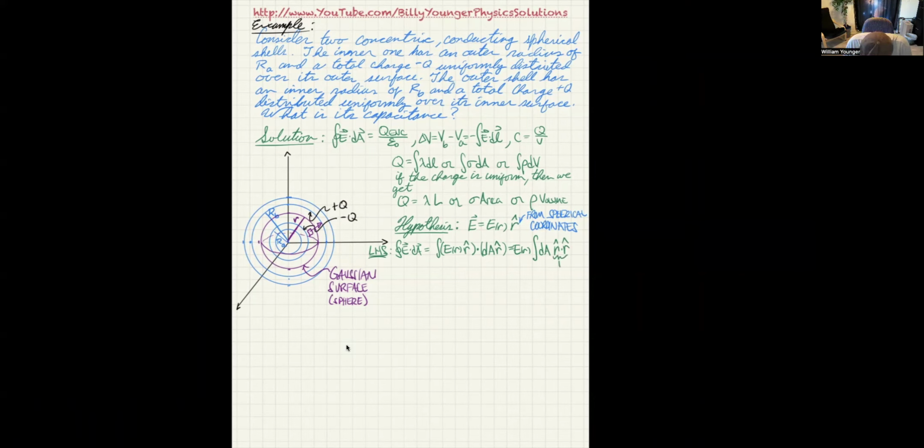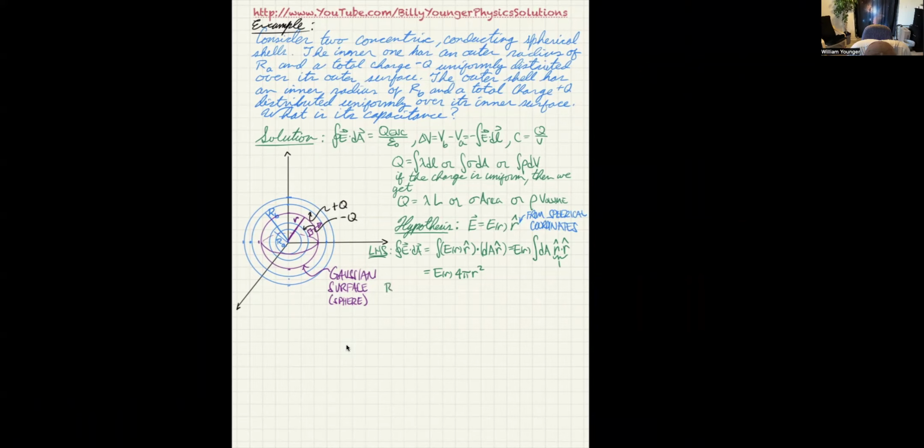So ultimately what we get is the electric field E of r on the Gaussian surface of radius r times the surface area of the Gaussian surface of radius r, and the surface area for a sphere is 4 pi r squared. So that's our left-hand side.